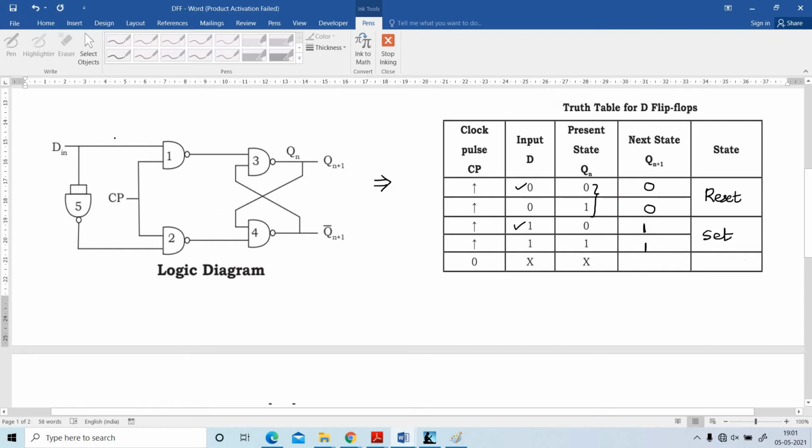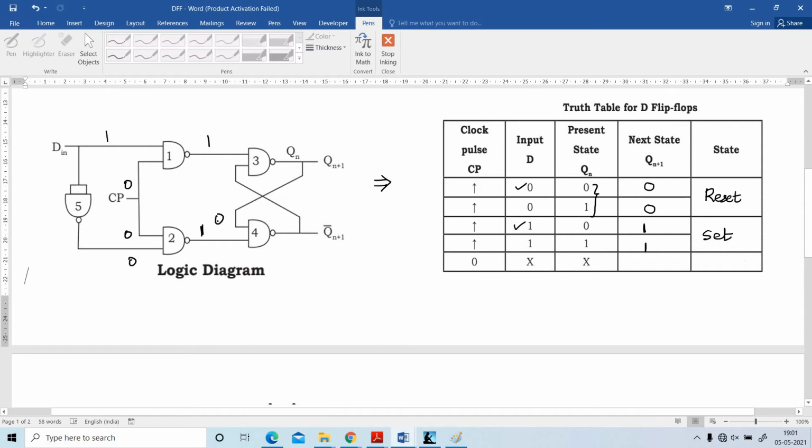Next, case number 3. The input may be 1, 1. Present state may be Qn and clock pulse equal to 0. So 1 into 0, that is equal to 1. 0, 0, that is equal to 1.